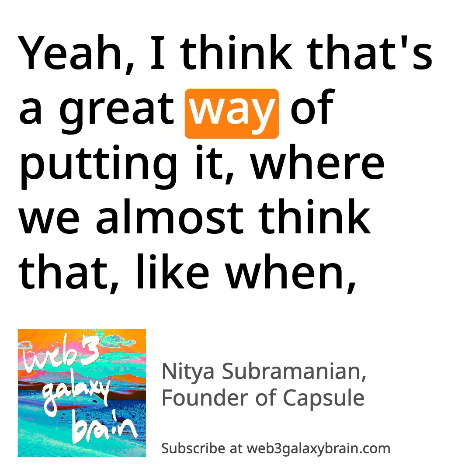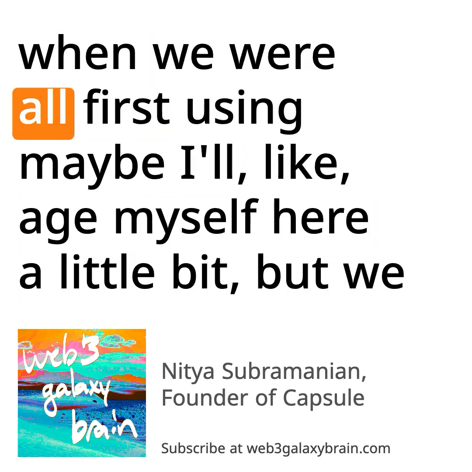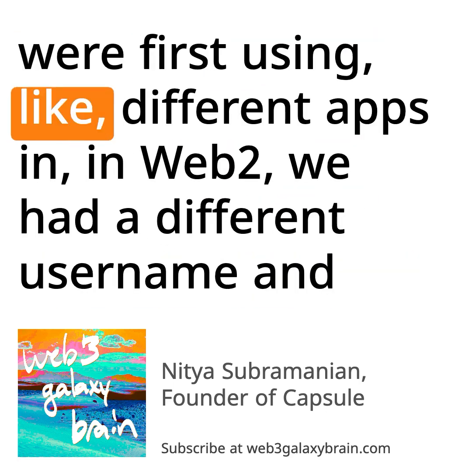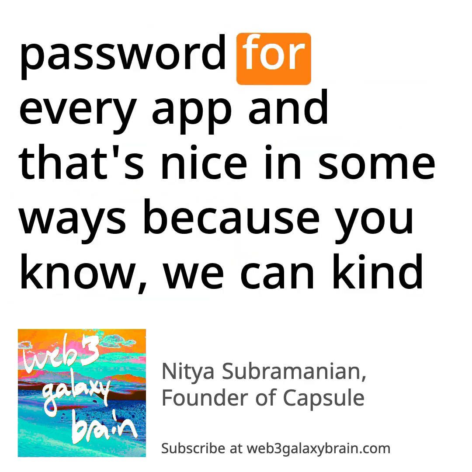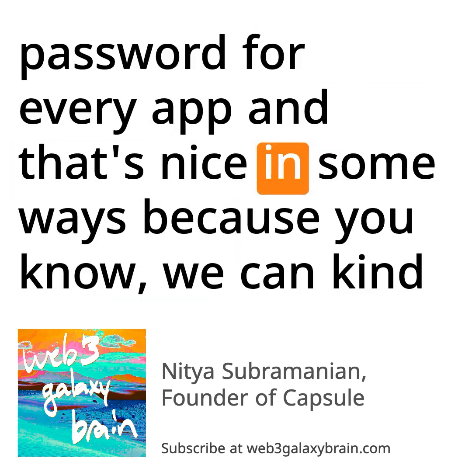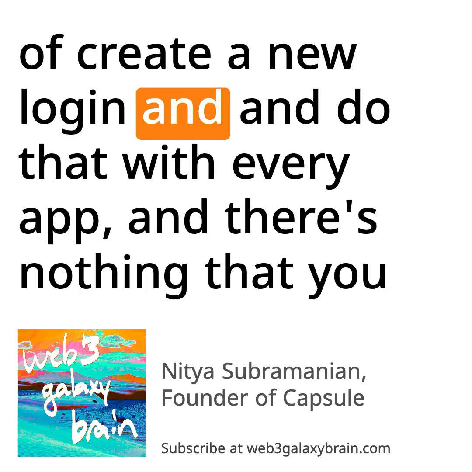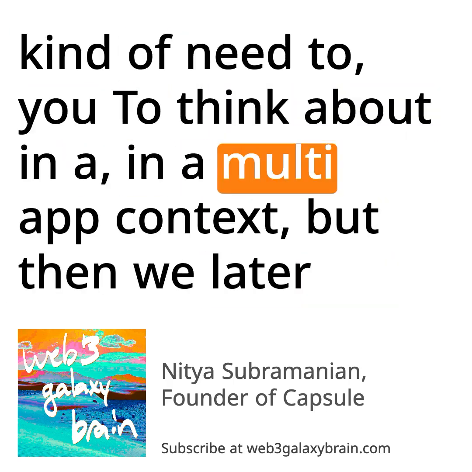Yeah, I think that's a great way of putting it. Maybe I'll age myself a little here, but when we were first using different apps in Web 2, we had a different username and password for every app. That's nice in some ways because you can create a new login for every app, and there's nothing you need to think about in a multi-app context.